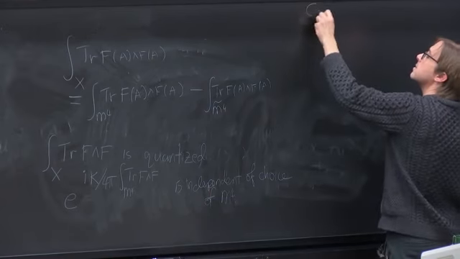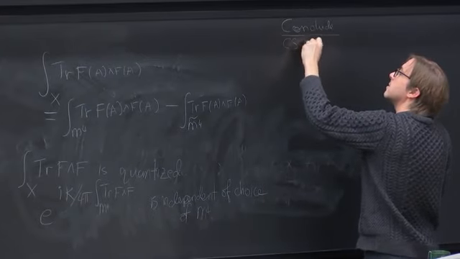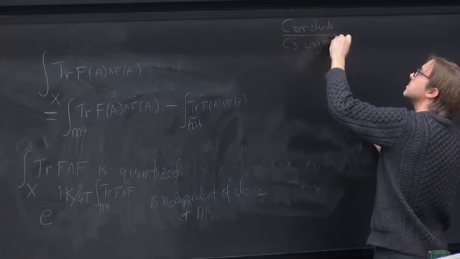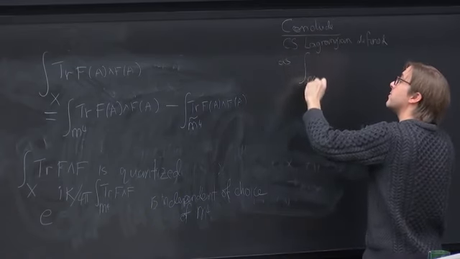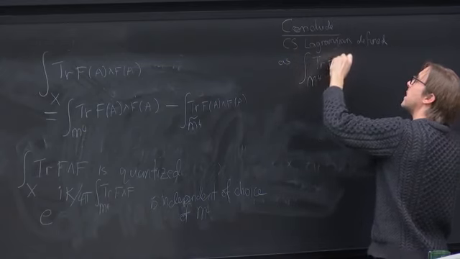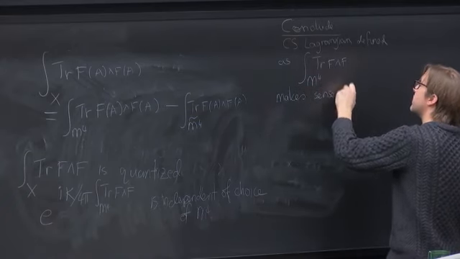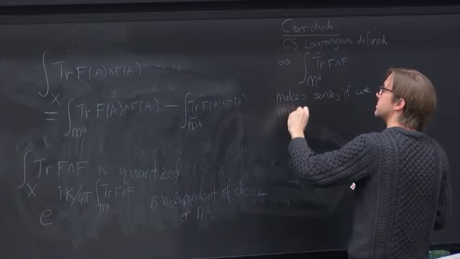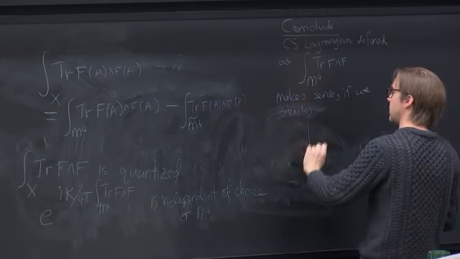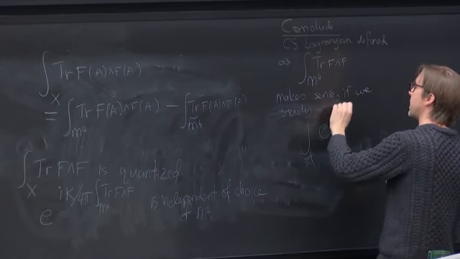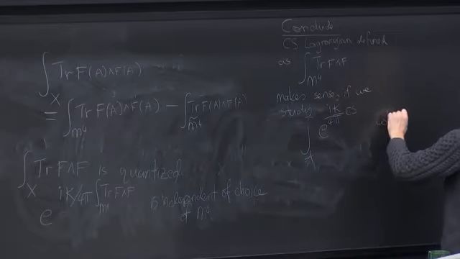Okay, so we conclude that the Chern-Simons Lagrangian, defined as the integral over a 4-manifold of trace F wedge F, makes sense if we study the path integral of gauge fields with e to the i k over 4 pi times the Chern-Simons action, where k is an integer.